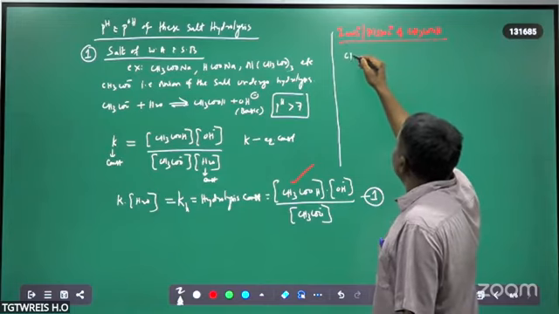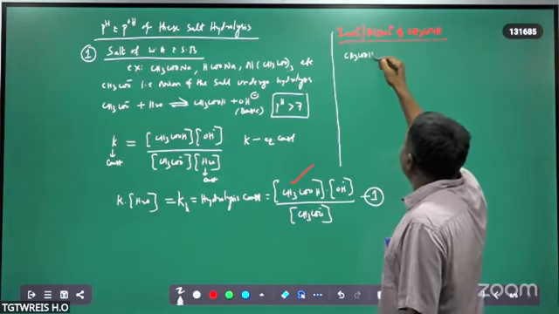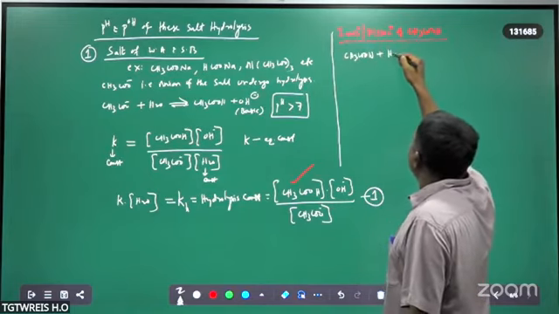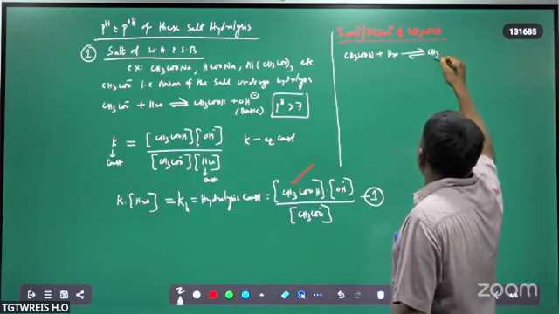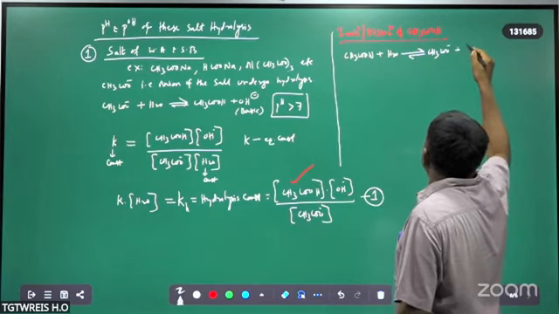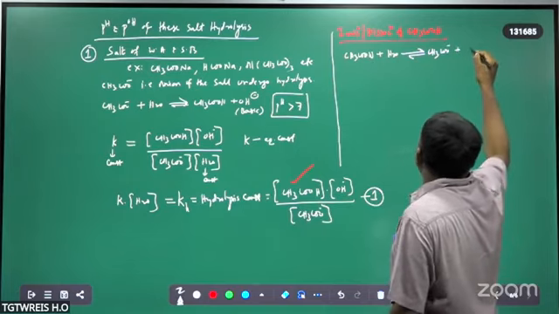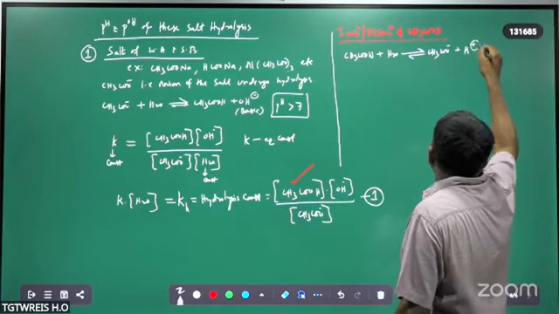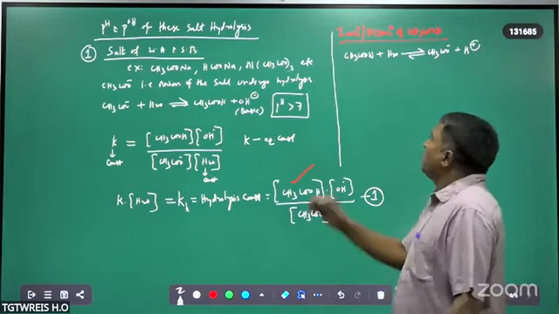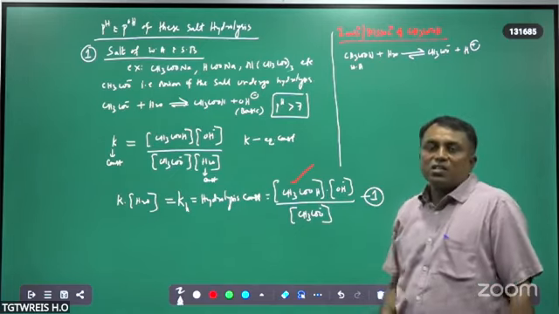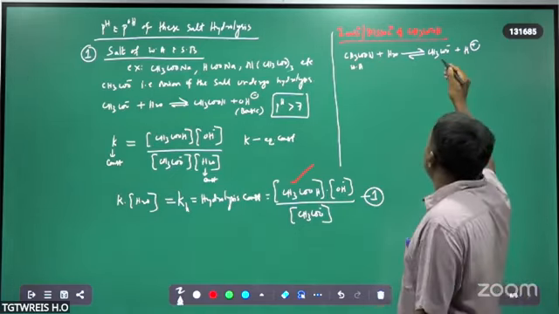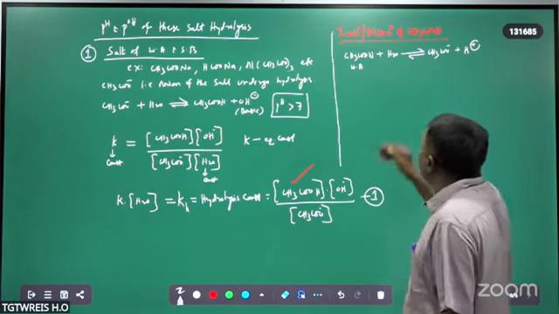CH3COOH when dissolved in water undergoes ionization to give CH3COO minus plus H plus. It is a weak acid, so it dissociates into acetate anion plus H plus.